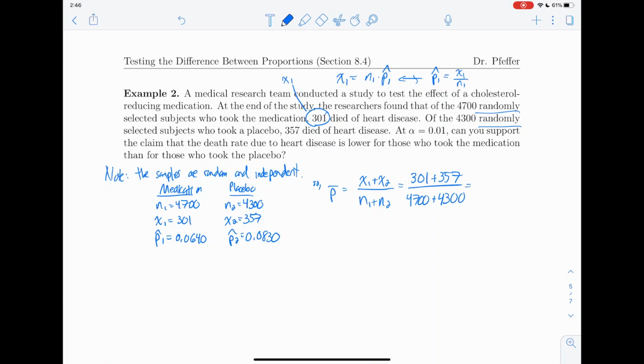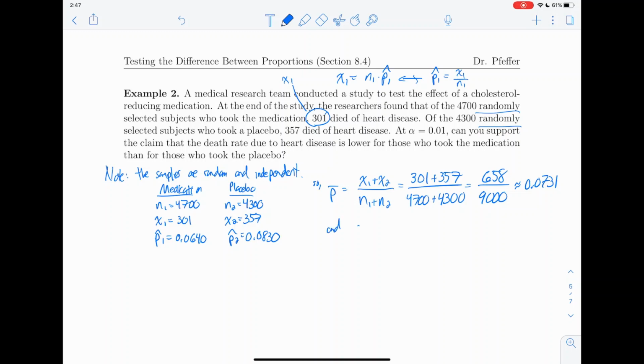This is giving us 658 over 9,000, which if we take that quotient, we're getting approximately 0.0731. So this weighted estimate P bar is going to take the place of any time we needed the population proportions for either of the samples. This is sort of a weighted estimate for both of them.